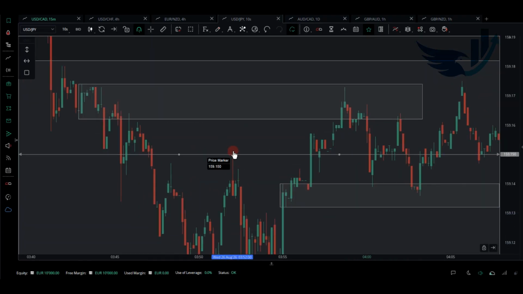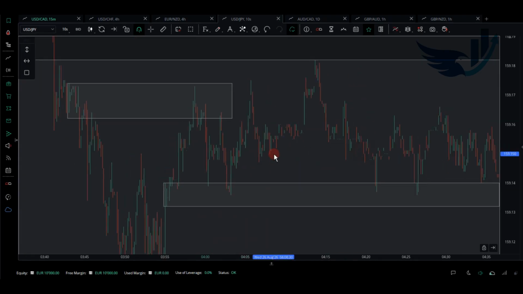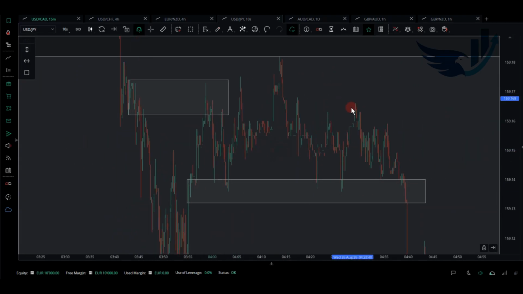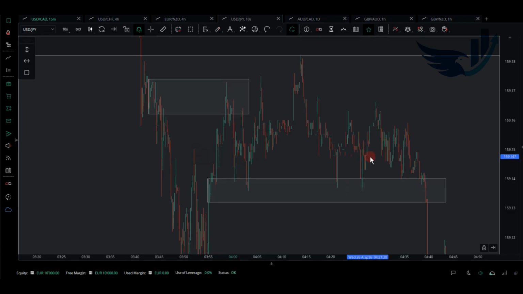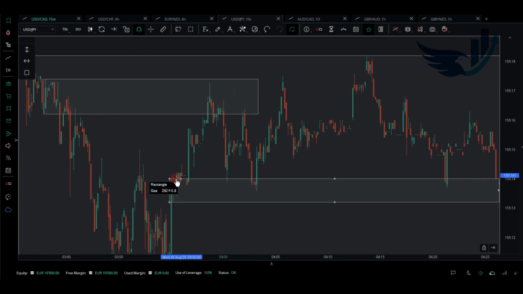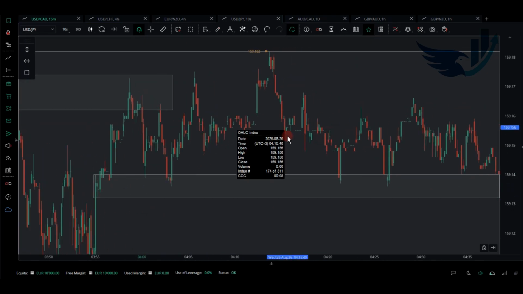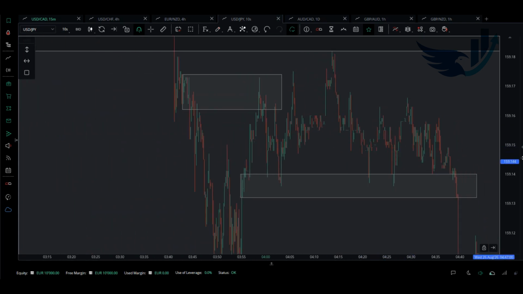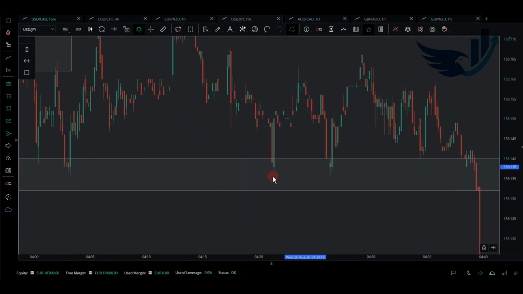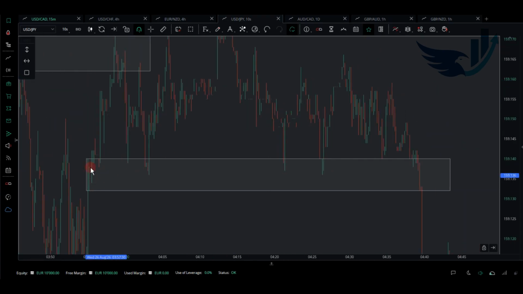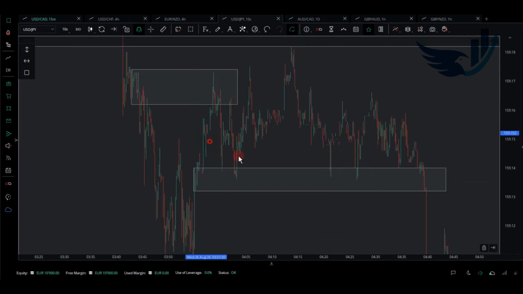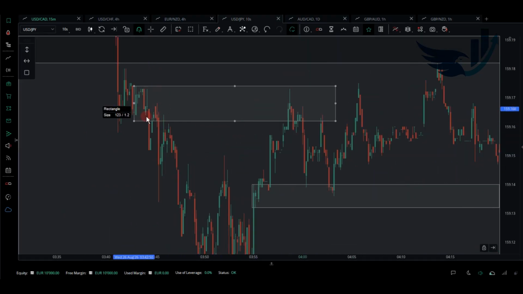Also, if you pay attention to the reaction we have here for this box, it's almost the same as this one. But if you pay attention to the scale of the kink, this small kink made the price move further considering its small size. But it is not the case in the first box that we found.